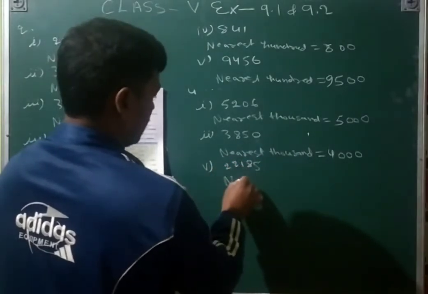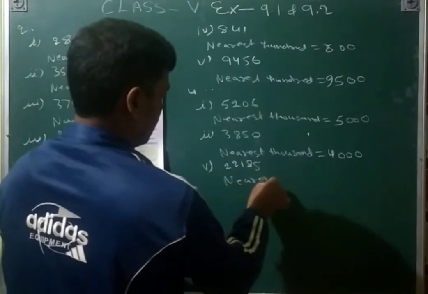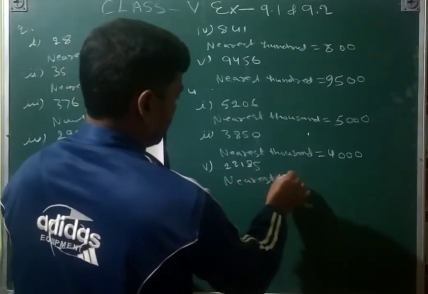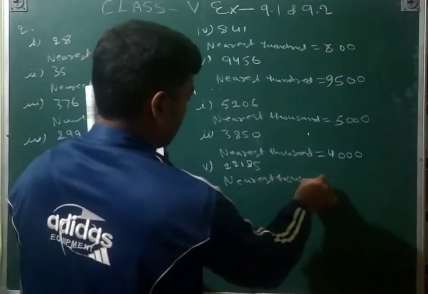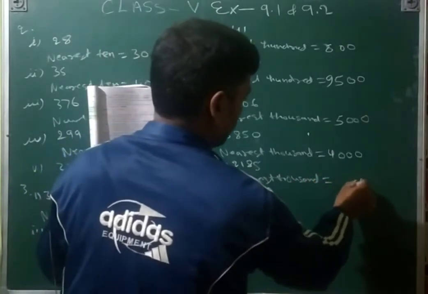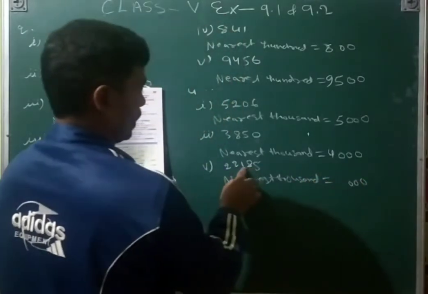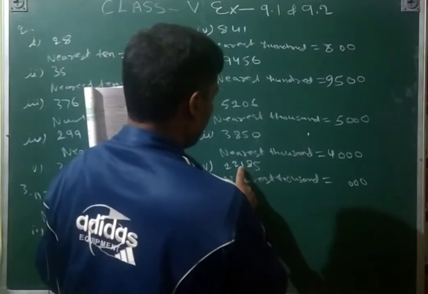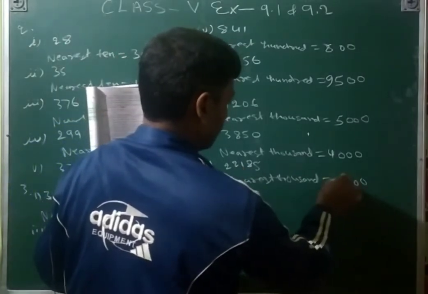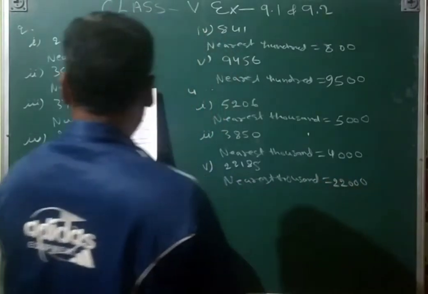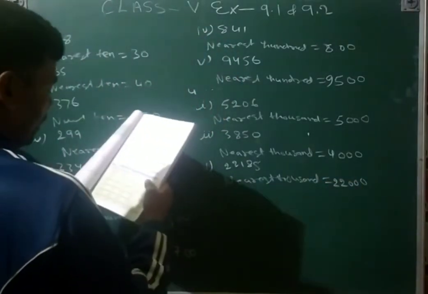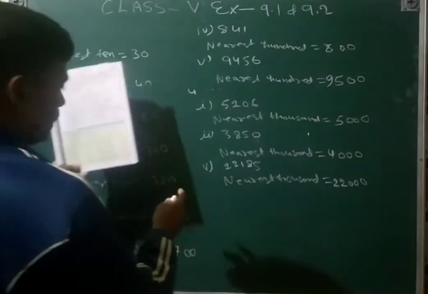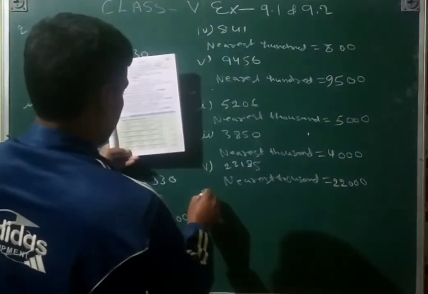Nearest 1000, the last three digits become 000, and this is a 1, so this will not change, this will be 22000.